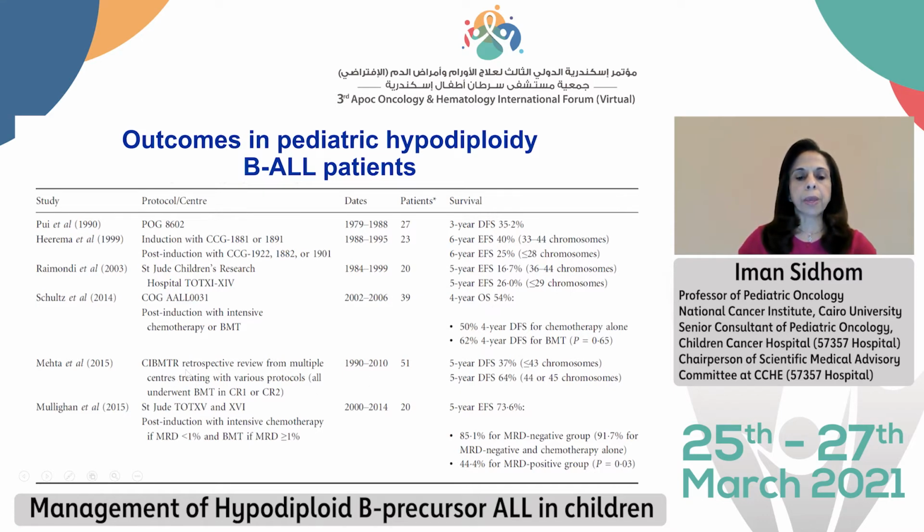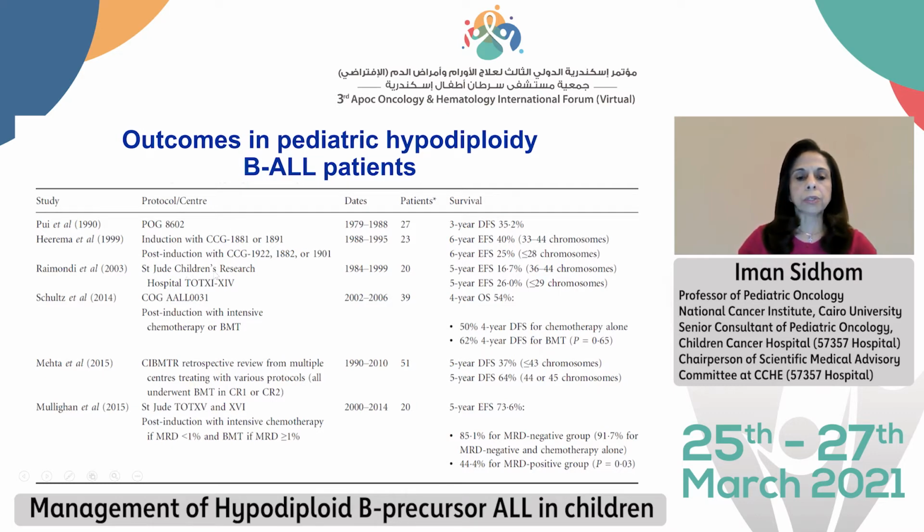The CIBMTR reported in their study on 51 hypodiploid ALL patients from multiple centers who underwent BMT in first remission or second remission, a 5-year disease-free survival of 37% for less than 44 chromosomes, and 64% for 44 or 45 chromosomes.